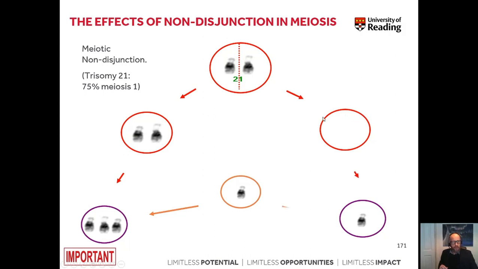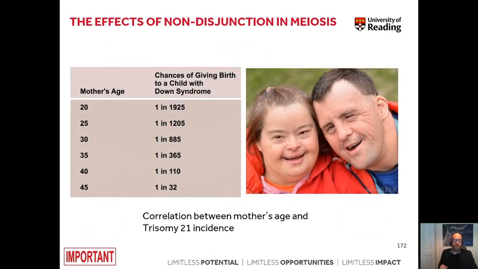If the sex cell which has no copy of this chromosome fuses with a normal one, the result is a so-called monosomy, where only one copy of a certain chromosome is present. And this can indeed also lead to certain genetic disorders. We are going to be looking at those genetic disorders in one of our future lectures.